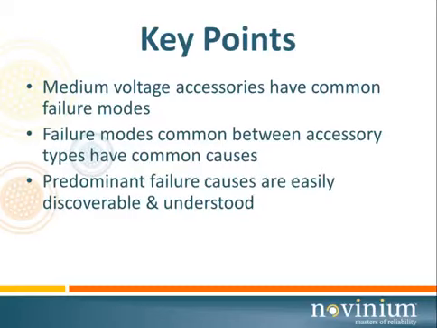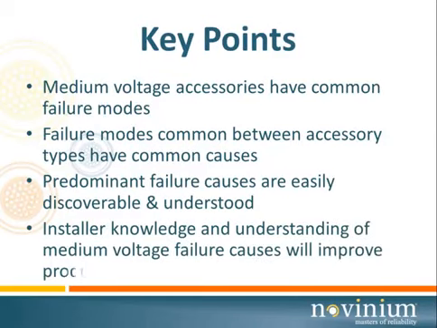The predominant failure causes, such as too few crimps, are easily discoverable. They're understood. Once we define them and we understand them, if we pass that knowledge along to the installer, we can certainly improve the reliability of the accessories and ultimately the reliability of the system.